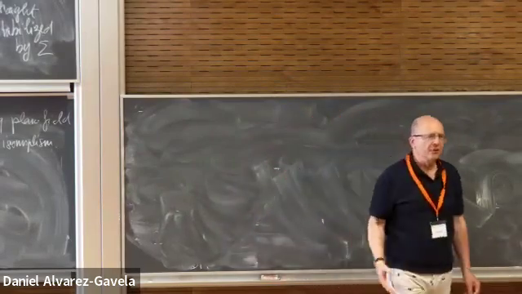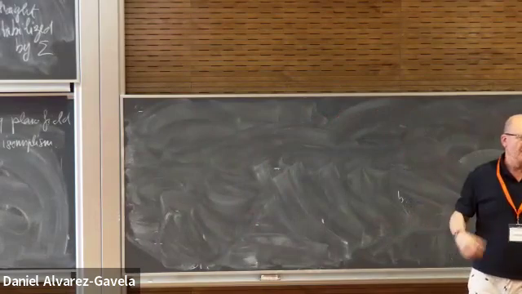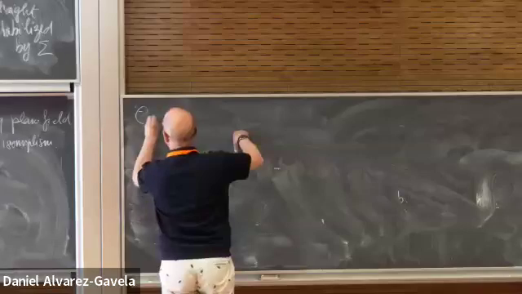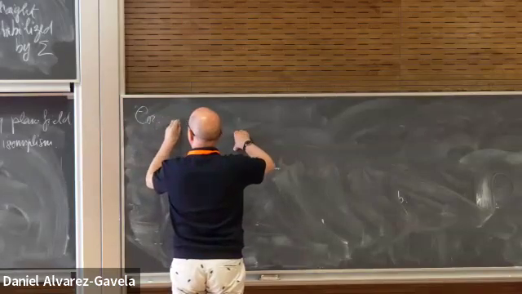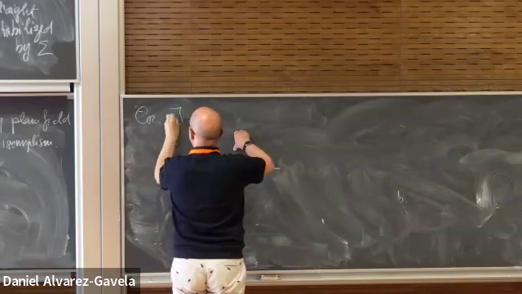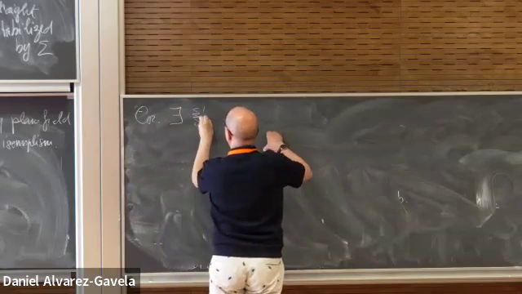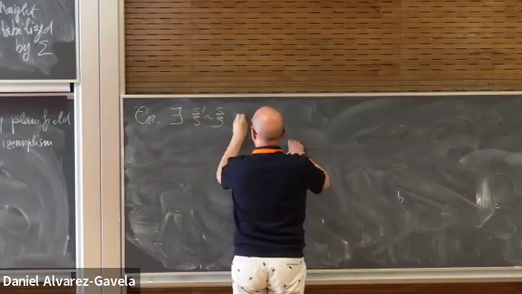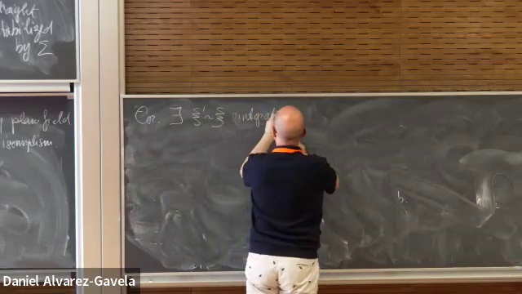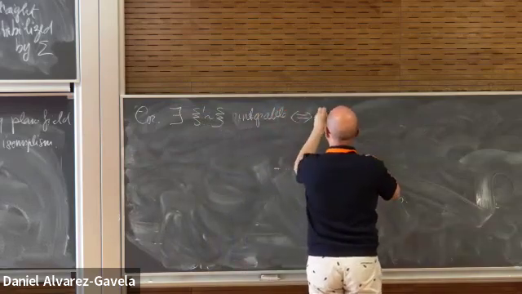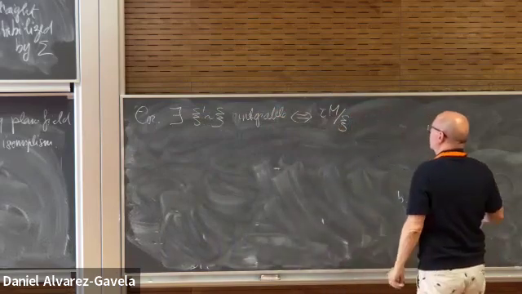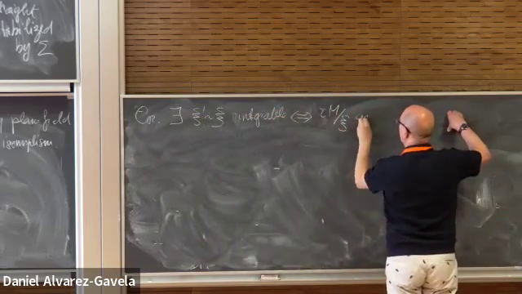You need also a microfoliation on the normal bundle. There exists C prime homotopic to C, which is integrable, if and only if the normal bundle TM over C admits a microfoliation.